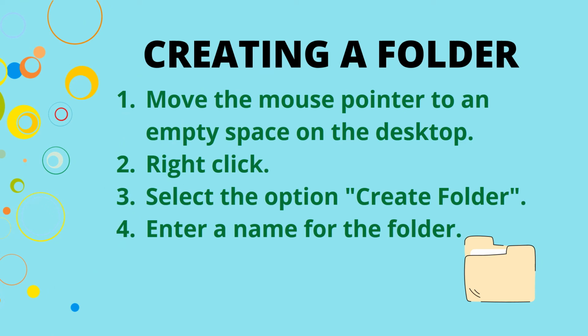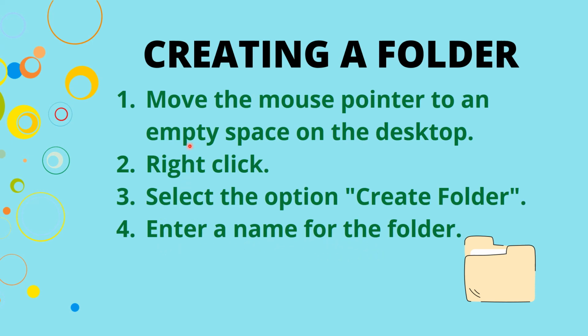Now, creating a folder. How do we create a folder? There are 4 steps in creating a folder. First step is move the mouse pointer to an empty space on the desktop. Then right click, select the option create folder, and then enter a name for the folder.